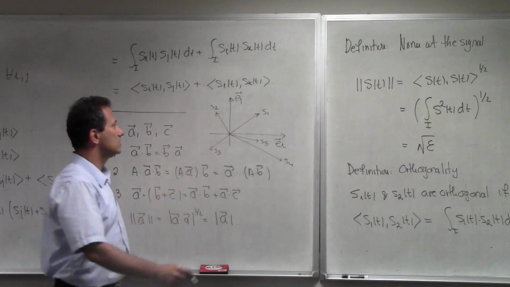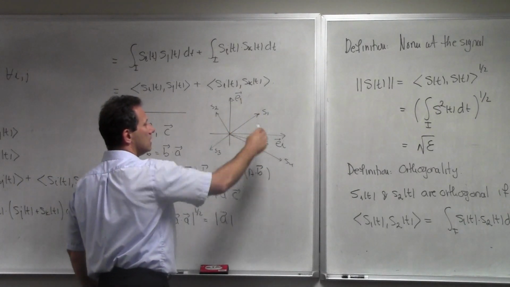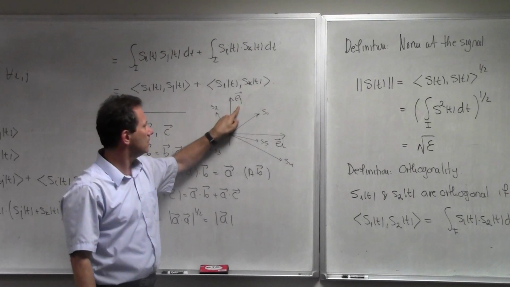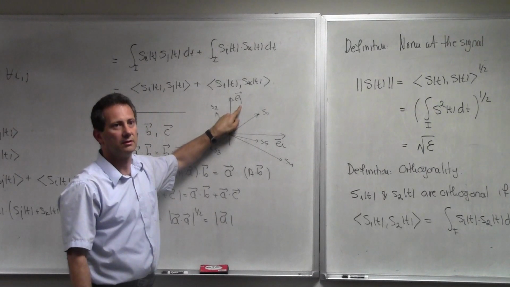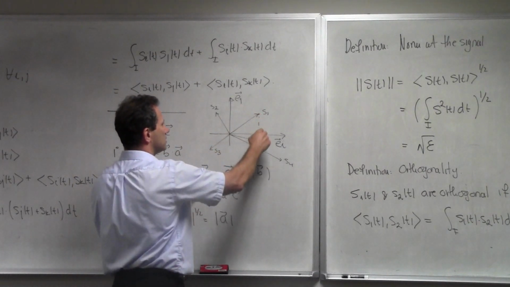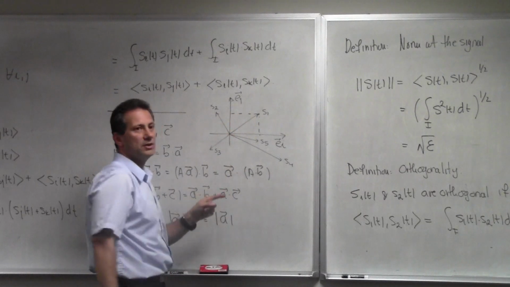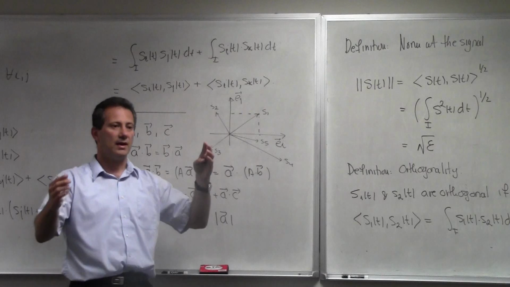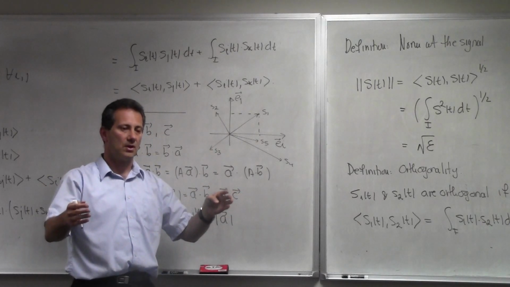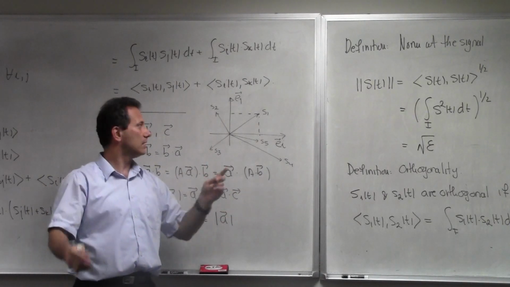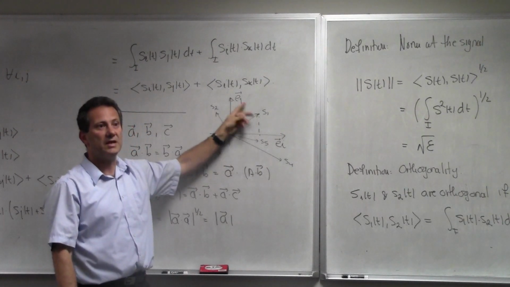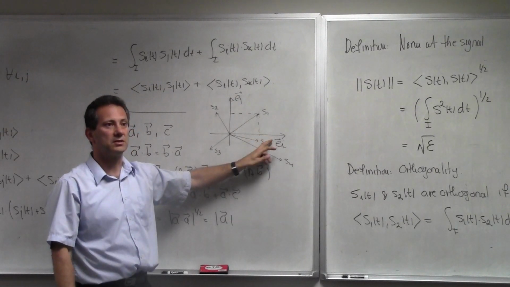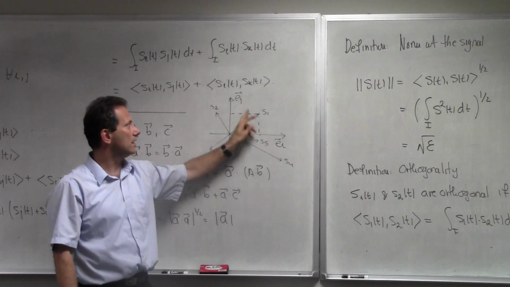As a matter of fact, you can see right away, every one of these vectors can be expressed as a linear combination of EI and EJ, right? I can say, for example, this one is this much of EI and this much of EJ. EI and EJ form a basis of this space, and every vector in this plane can be expressed as a linear combination of EI and EJ.